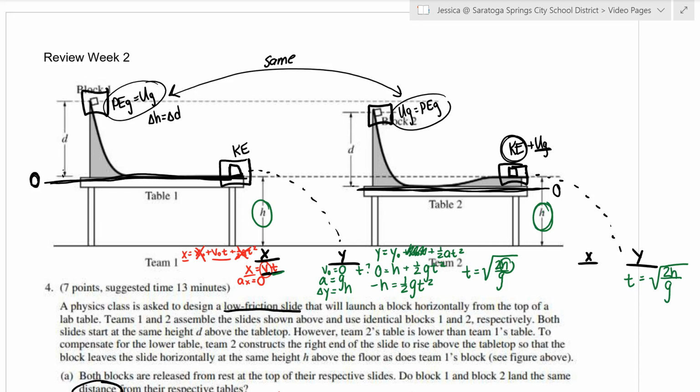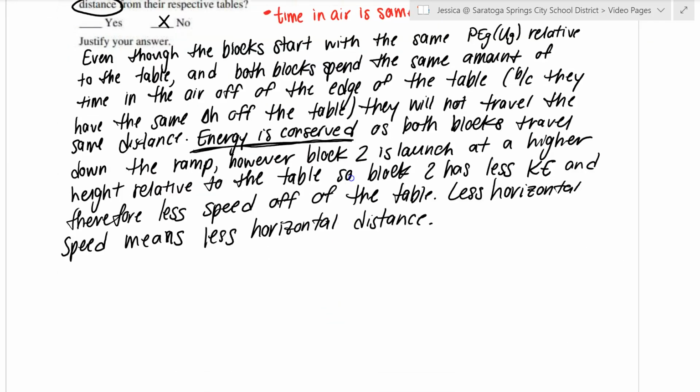So in the first problem, we needed to figure out were the speeds different. And we ended up figuring out that they were. Then in the second problem, we ended up seeing that the speeds at the bottom were the same because of conservation of energy, because all of that same initial potential energy converted to the same amount of kinetic energy at the bottom of the hill. Remember, potential energy is path independent.